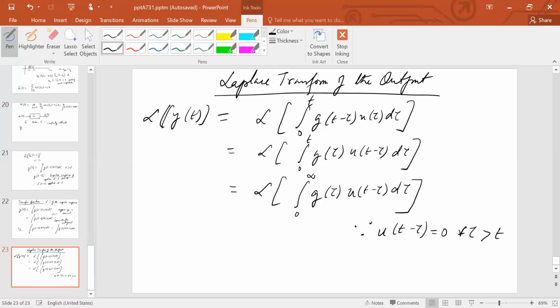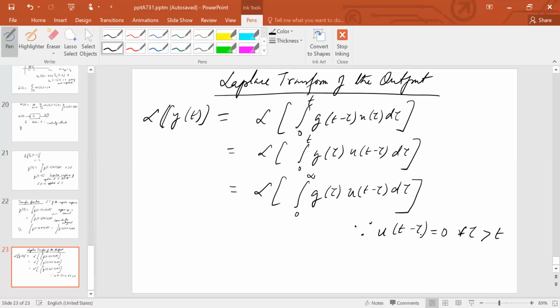It will not make any difference. Why is this true? What am I bringing in now? What assumption did I make earlier that is enabling me to do this? Why is u of t minus tau going to be 0 for all tau greater than t?